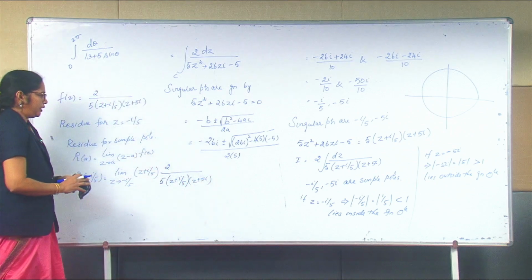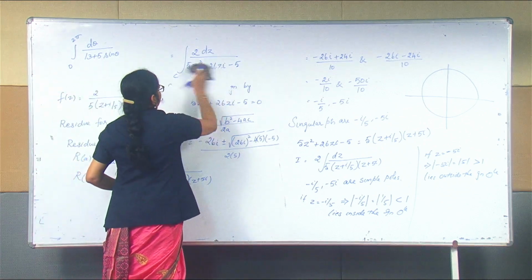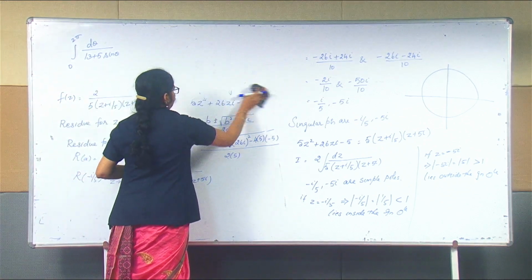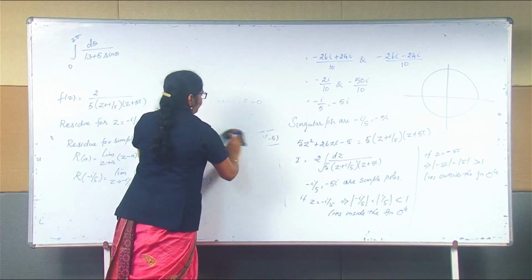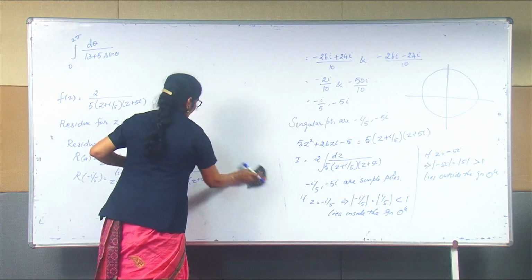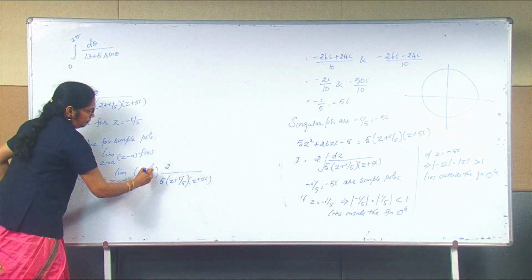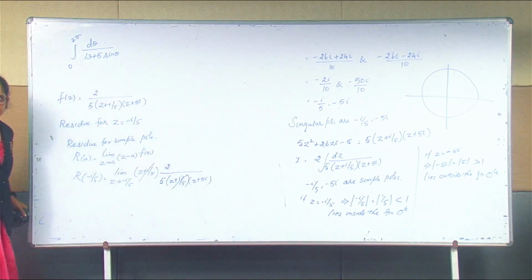So before substituting the limit, we have to cancel the common terms. So z plus i by 5, z plus i by 5 is getting cancelled.